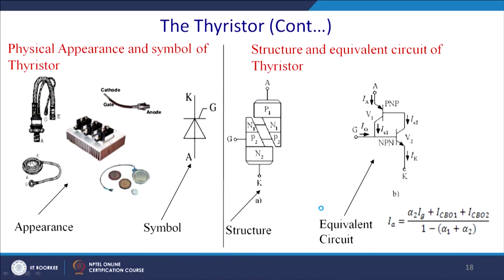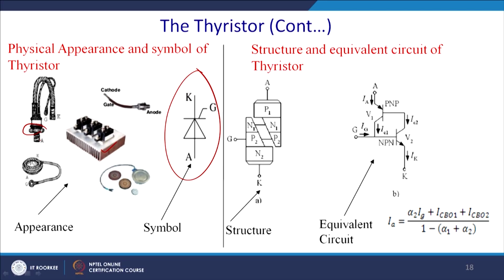Here are different kinds of thyristor appearances. This is the symbol of the thyristor, with anode, cathode and gate, and you will have different kinds of pictures. It needs to be put onto a heat sink. This is the anode, and it goes into the heat sink, and we can tighten the screws.